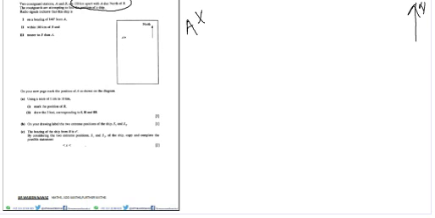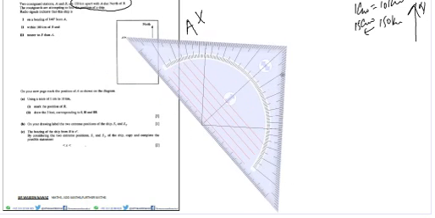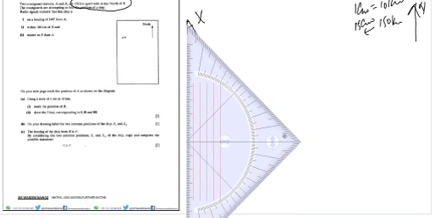So we have to draw a line, because 1 centimeter represents 10 kilometer, so 150 kilometer represents 15 centimeter. So we draw a line of 15 centimeter.